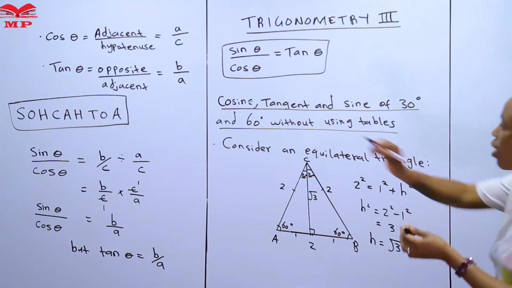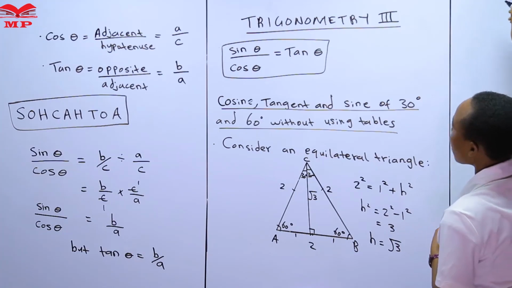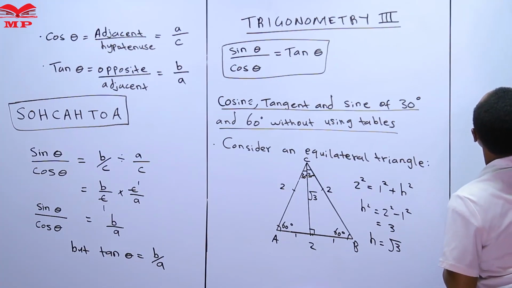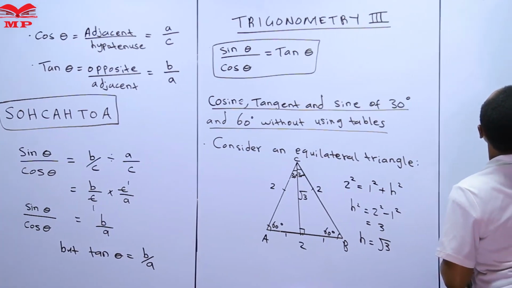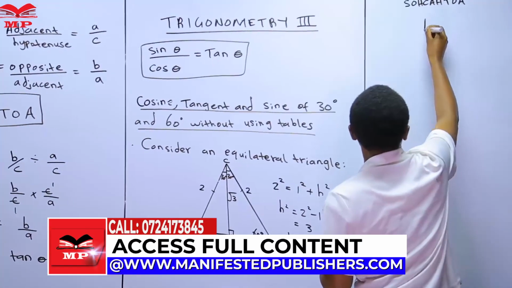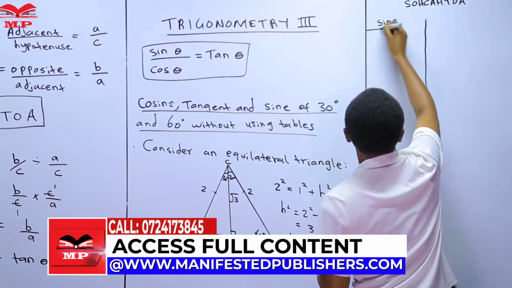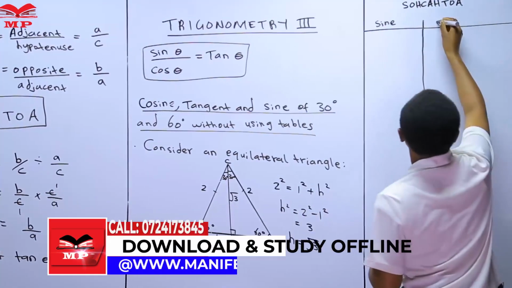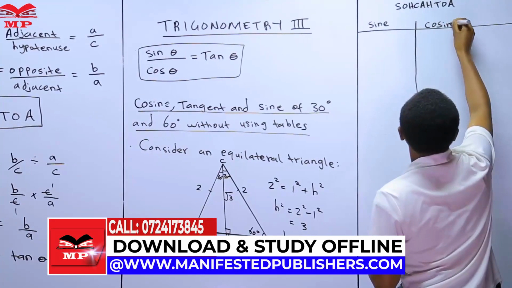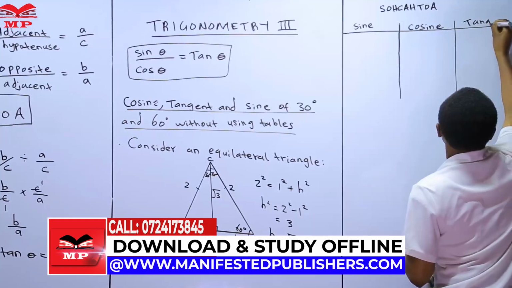So you remember our formula for the trigonometric ratios, that is SOHCAHTOA. So in this case, we can have a small table whereby in this side we have the sine, on this one we have the cosine, then here we have the tangent.